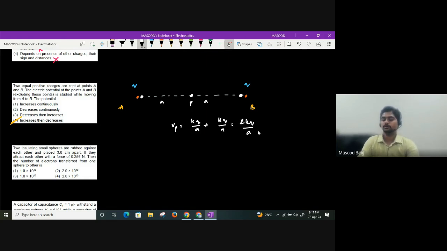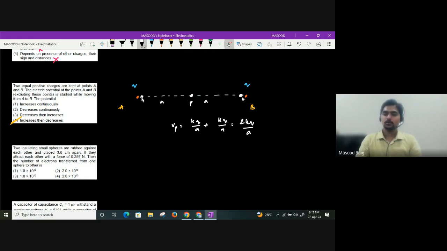What is the potential at this point? If I call this point P, with distance a from each charge, I'll get kq divided by a due to the first charge, and due to the second charge also kq by a. You will get 2kq divided by a. Whereas at this particular point, because it is very close to the charge, the separation will be 0. Anything divided by 0 will be infinity.